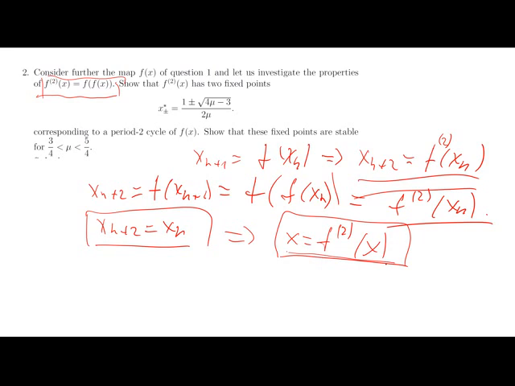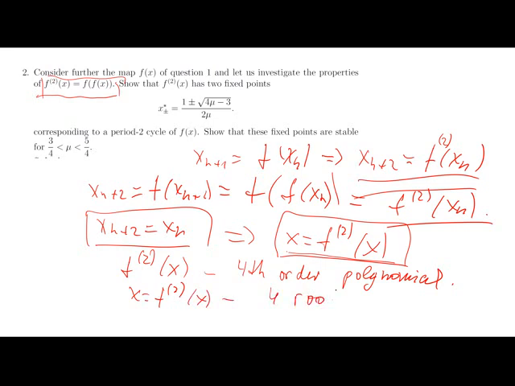But there is a small complication here, or maybe it's just a property of this. f2 of x, if f of x is quadratic, will be a fourth order polynomial. And therefore x equal to f2 of x will have up to 4 roots.